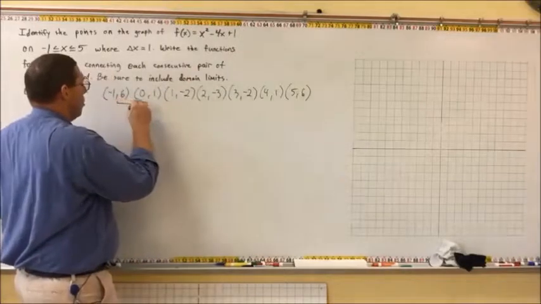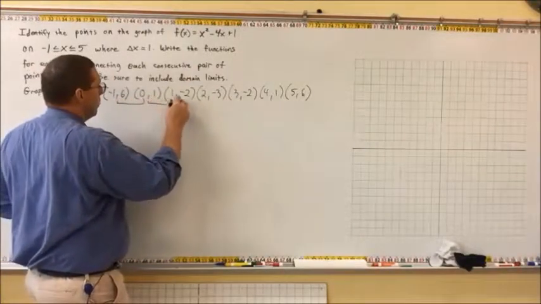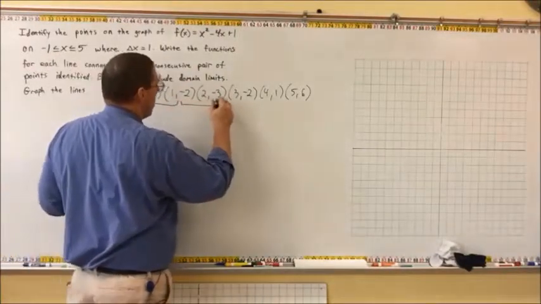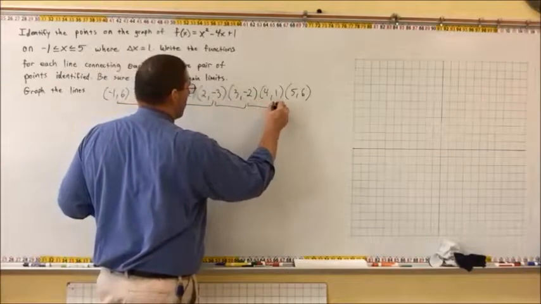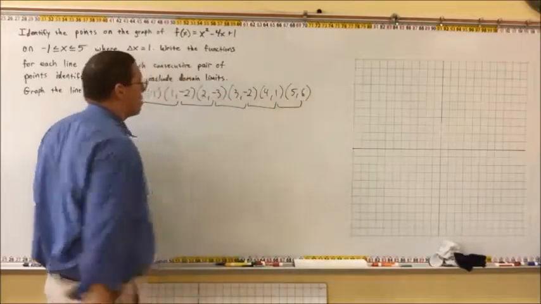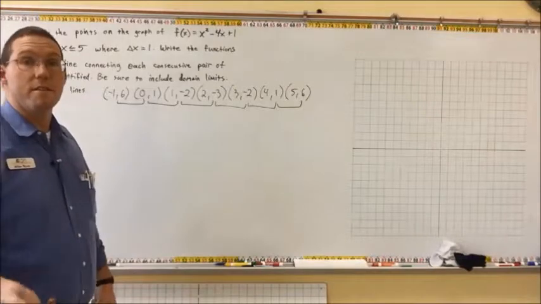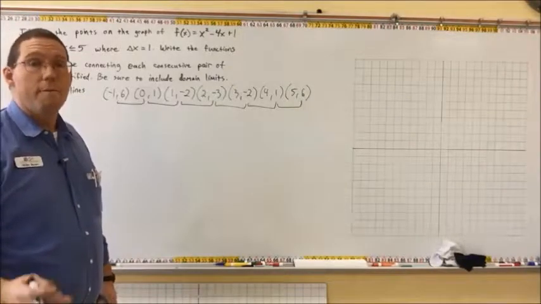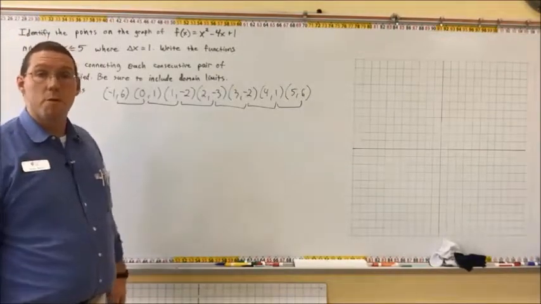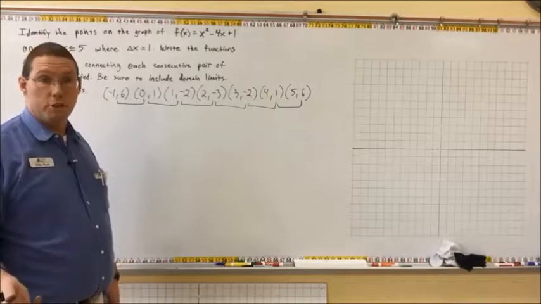So that's 1 line, 2 lines, 3 lines, 4 lines, 5 lines. That's 6 lines that we have to write 6 line equations. That means we need 6 slopes and we need 6 functions.